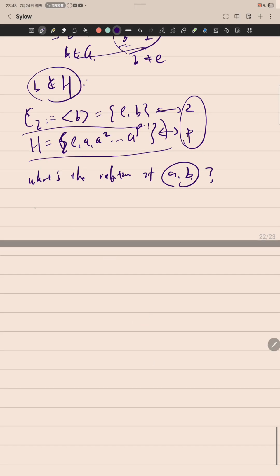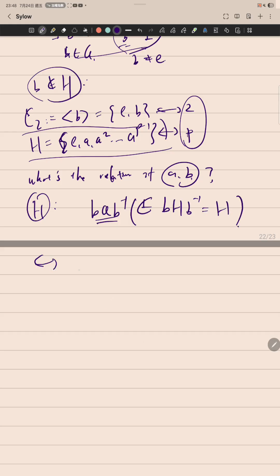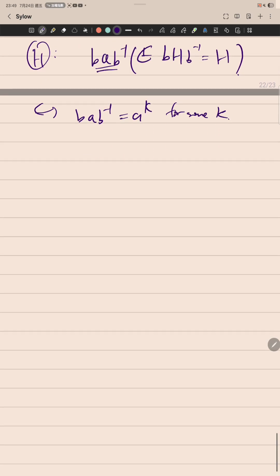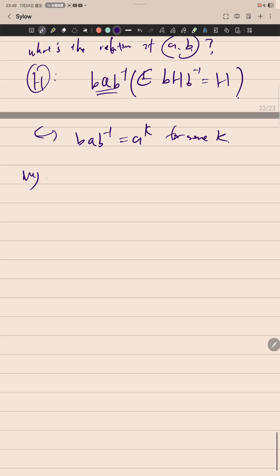Now we can use the normal property of H. So we know that B H B inverse should equal H, meaning that B A B inverse is A to the k for some k. Okay, my claim is the following: k is either 1 or minus 1.